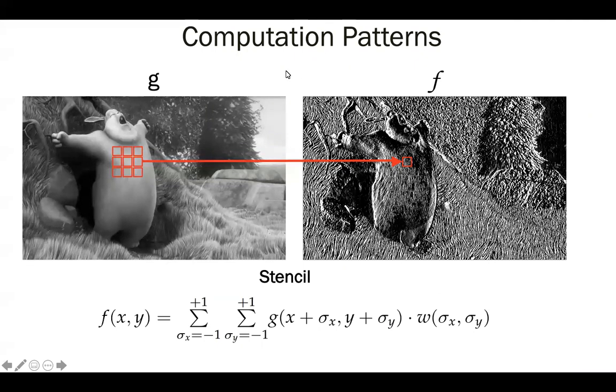So here in this picture, you can see there is an image and we are keeping a 3x3 convolution filter at a particular position. And then we take a dot product of this window with the corresponding pixels from the image. And that will result in the pixel that you are seeing on the right hand side.